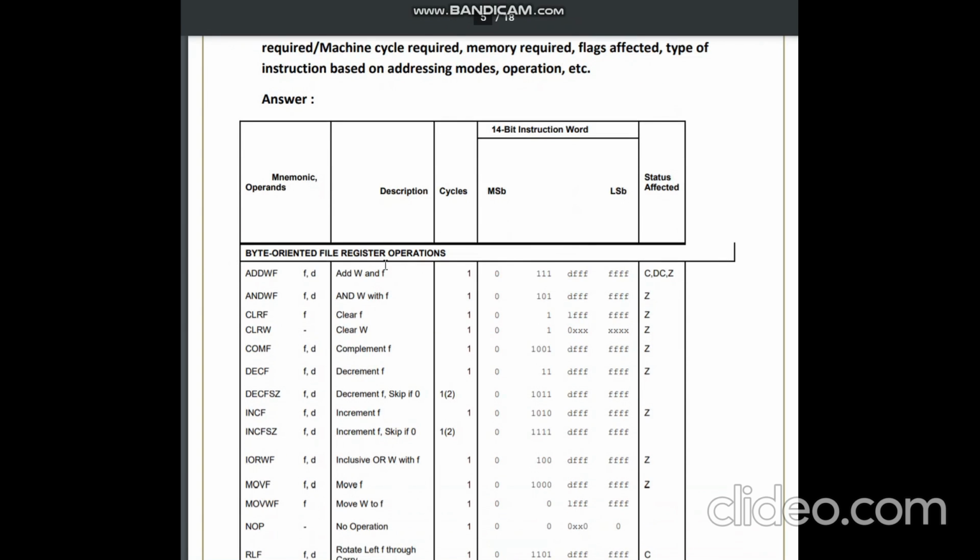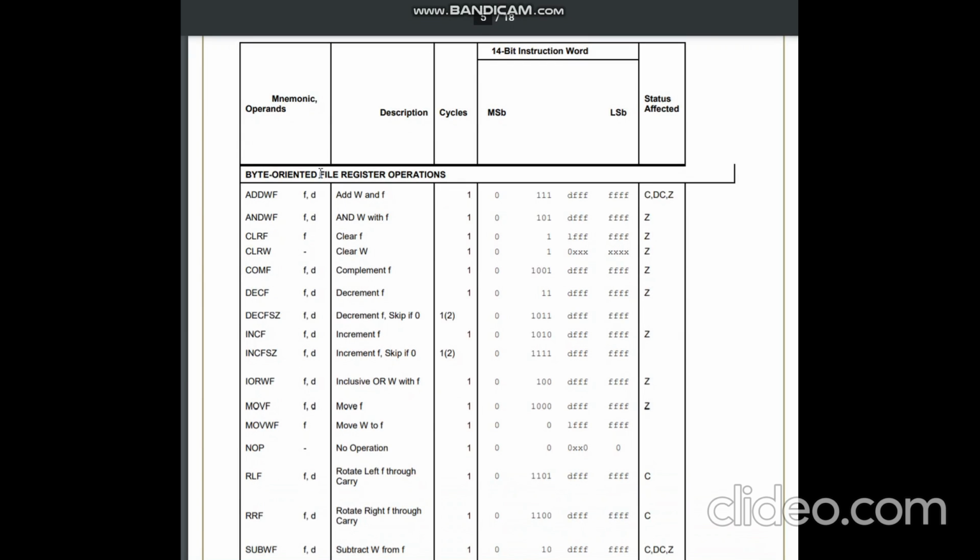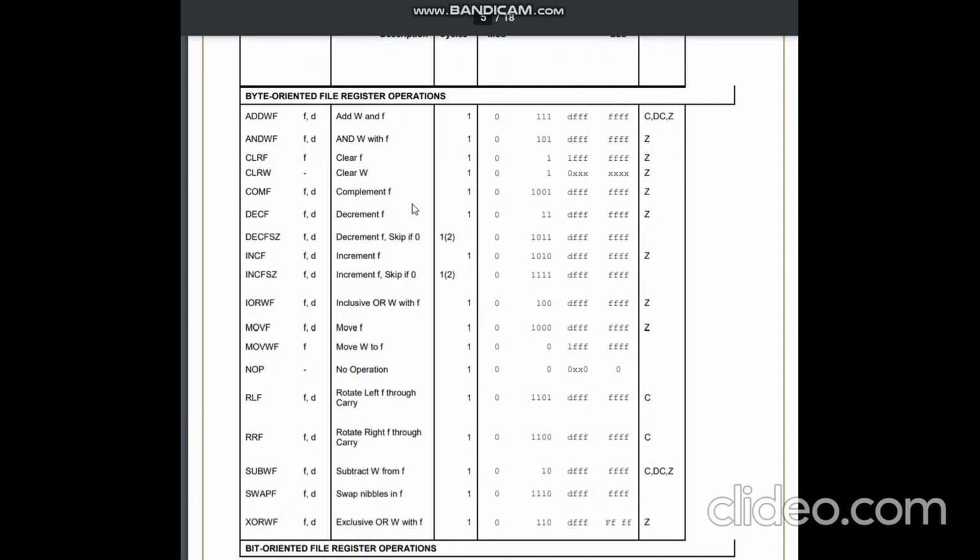Now this is the byte oriented file register operations. I'm going to explain a few operations. This ADDWF is defined by ADDWF F, D, which has cycle 1 and MSB 00, and the LSB is 0111 dfff ffff, and status affected is C, DC, Z. Like that, there are so many.